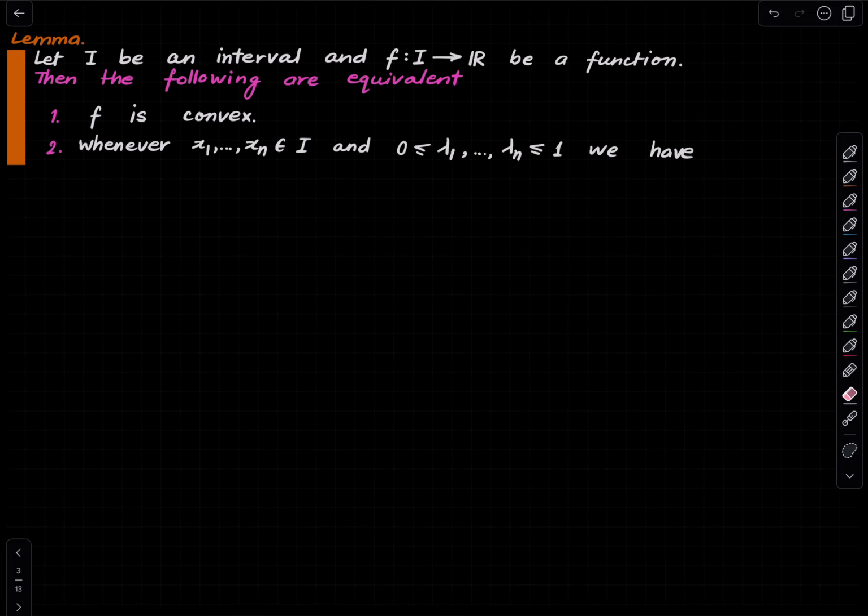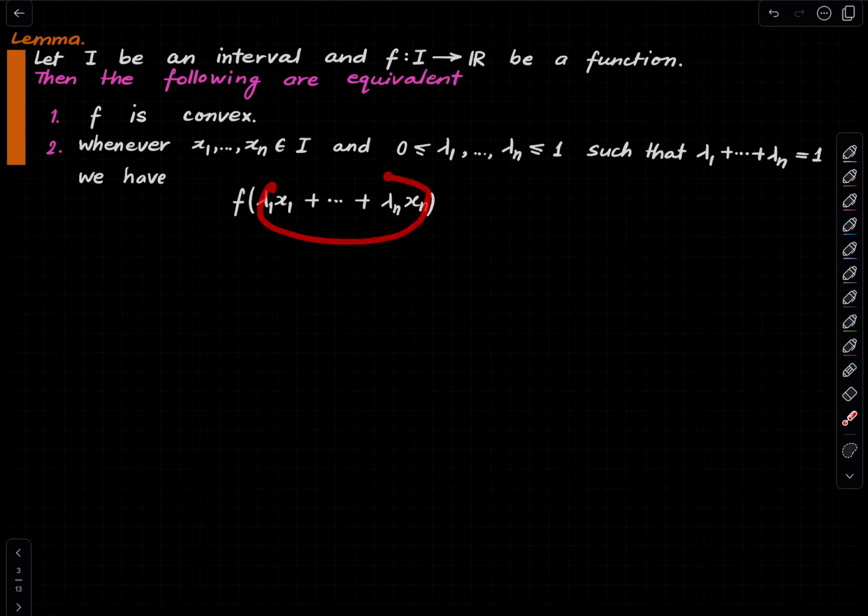Whenever we have this with the property that they sum up to 1, we have that the convex combination of the xi's, so this is what I'm calling the convex combination of the xi.